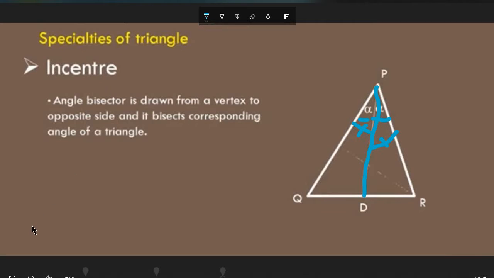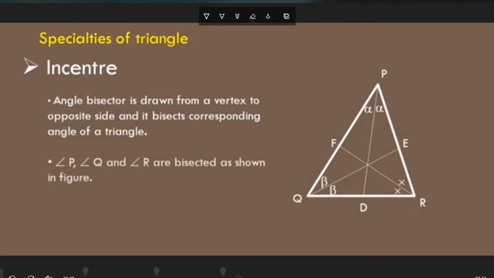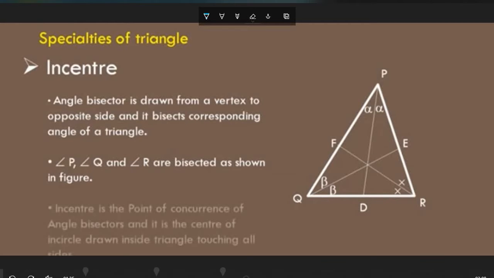So that means PD is the angle bisector. In a triangle there are three angle bisectors: of angle P, angle Q, and angle R. Wherever these three bisectors meet inside the triangle, that is called the incenter.